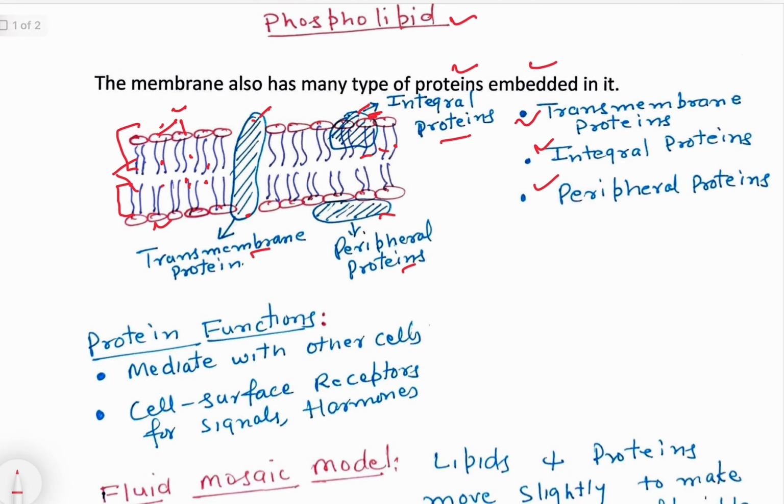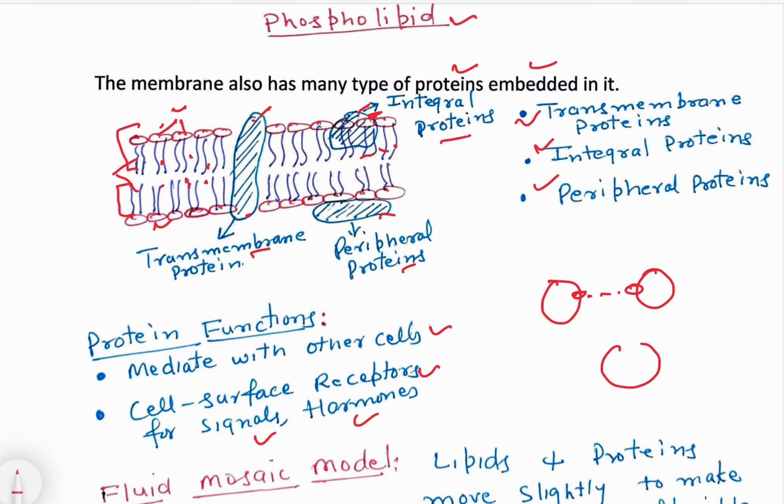These proteins have different types of functions. They mediate with other cells. Like this cell is right here, this cell is right here, and there's a protein, and there's a mediation between these two proteins. So that could be one of the functions, and they also are cell surface receptors for signals and hormones.